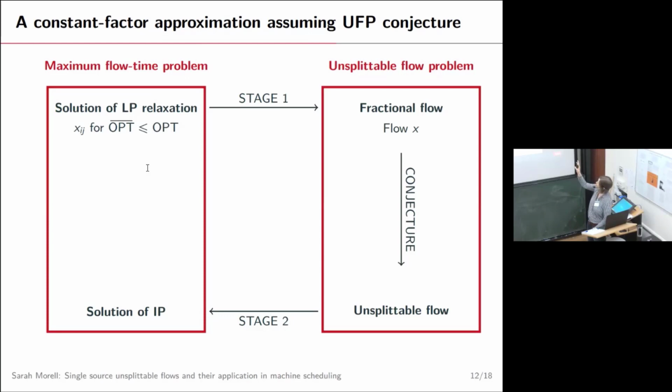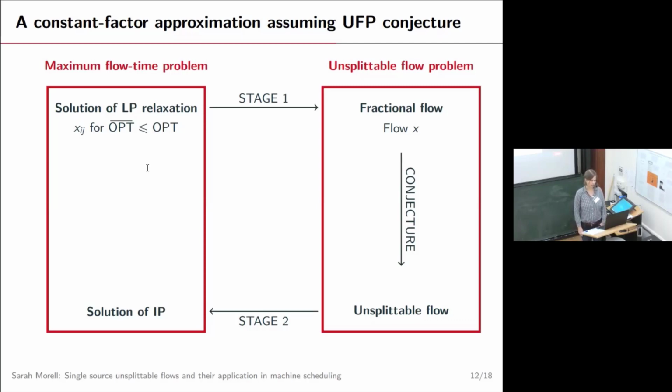So we had this first step, we reduced the maximum flow time problem to the unsplittable flow problem, and turned the solution of the LP relaxation into a fractional flow x. Now we're actually working just in our graph. We're assuming that our conjecture is true.